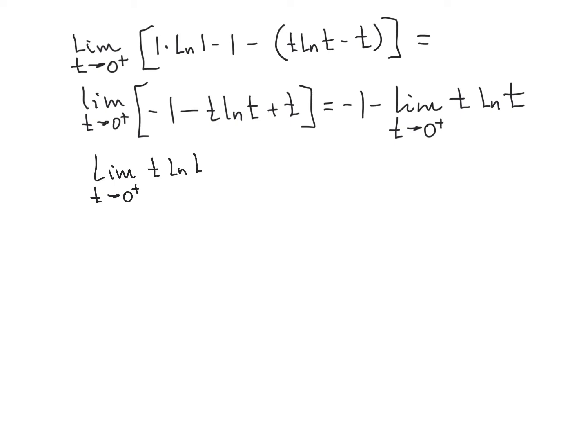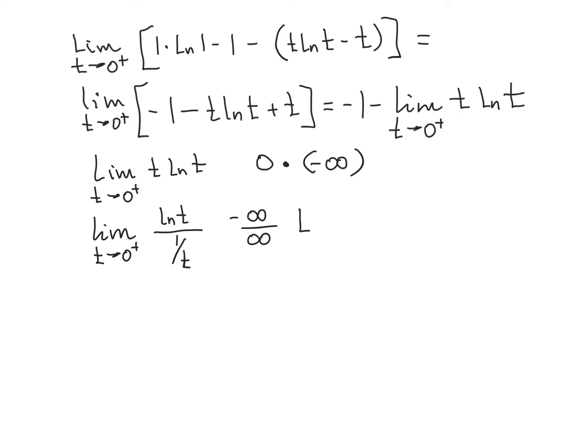The t in front of the log goes to 0. ln of t as t goes to 0 from the right approaches negative infinity. We have this indeterminate form 0 times negative infinity. To use L'Hopital's rule, we must first take the t in front of the log and put it in the denominator as 1 over t. Now the numerator approaches negative infinity, and 1 over t goes to infinity as t approaches 0 from the right.